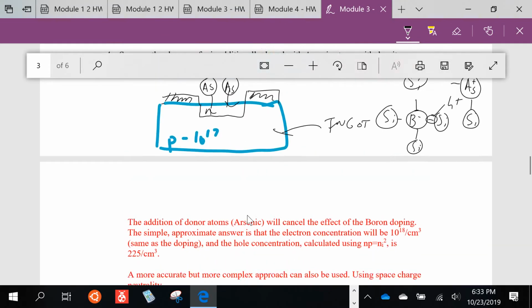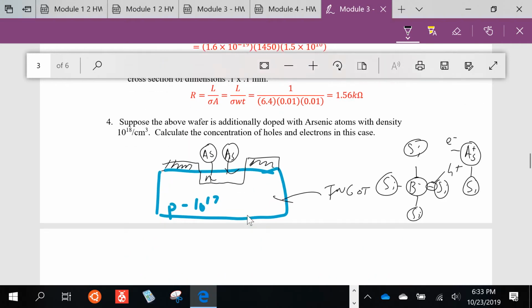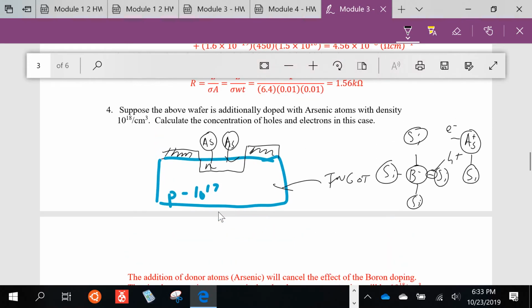The approximation is basically what I said earlier. If I dope it at an order of magnitude higher, like 10 to the 18th versus 10 to the 17th, then we can basically ignore the number of boron atoms that are already in there, and we can just say this is now an n-type material with an effective doping of 10 to the 18th. We can ignore what was there before.